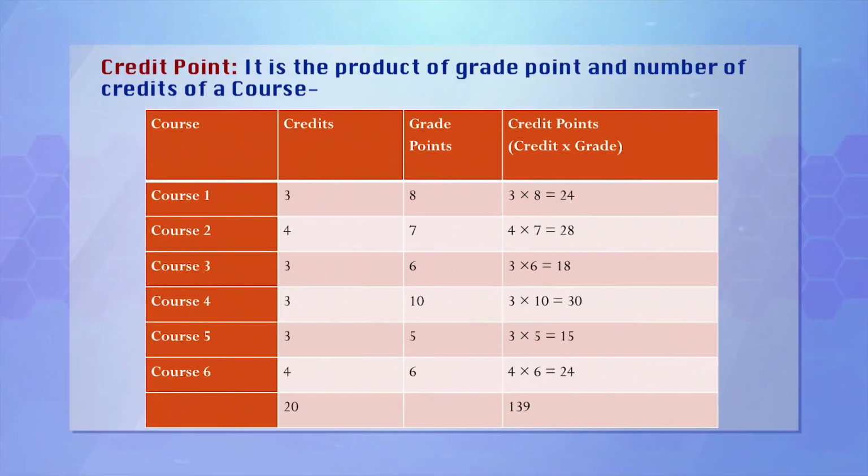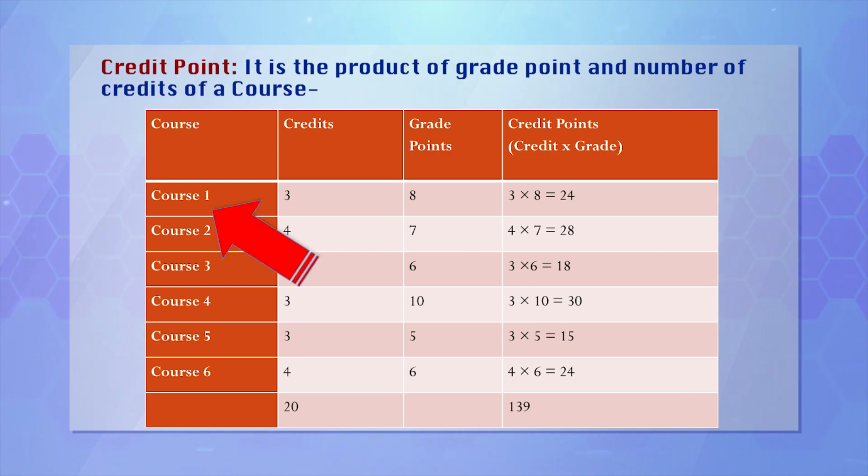Credit point is the product of grade point and number of credits of a course. Let us see how to calculate credit points. Let us take the example of a number of courses under a particular semester. For example, in a particular semester there are 6 courses.